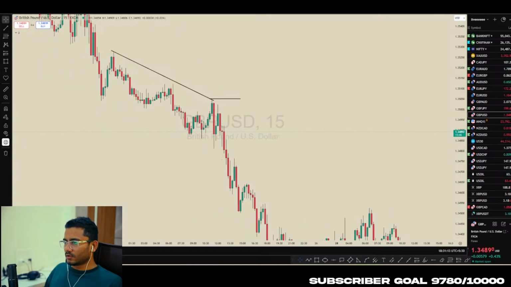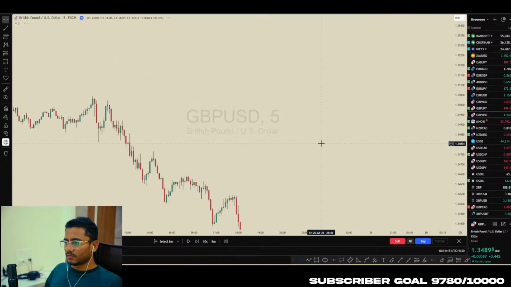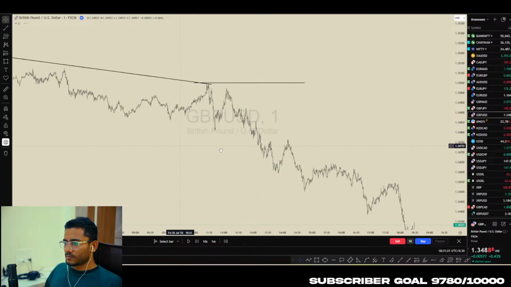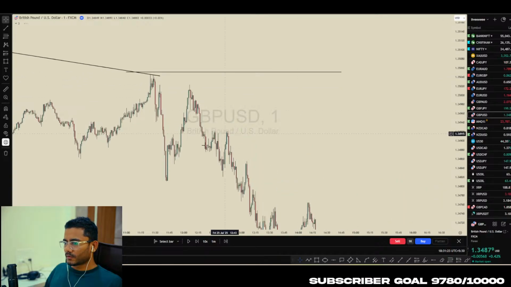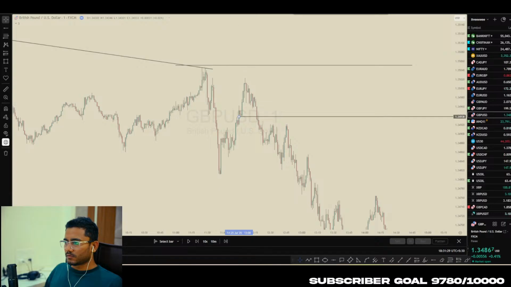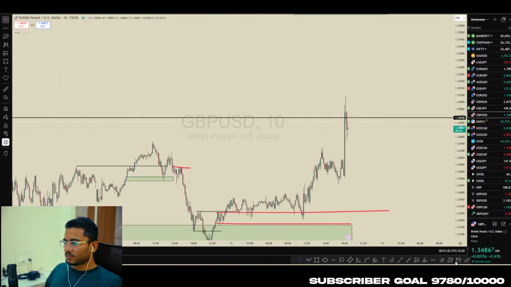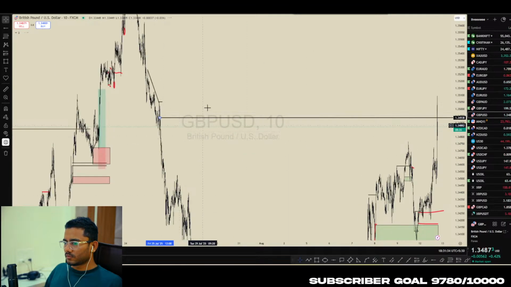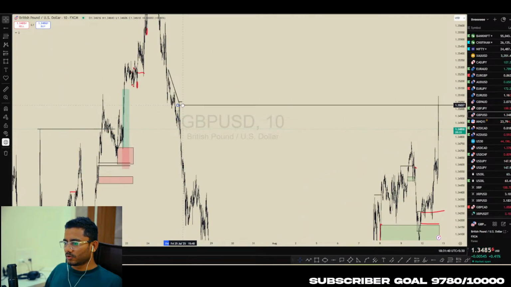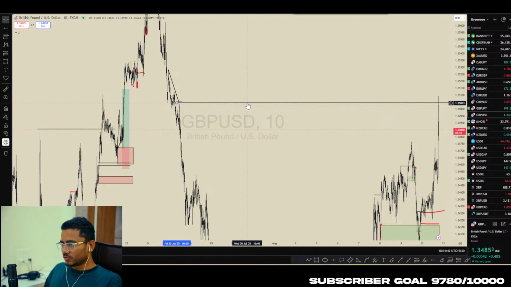Yeah, I think let's find out on 5 minutes. Okay, price tapped this area. Okay, so it has already broken this order block. So I think it should continue to the upside.